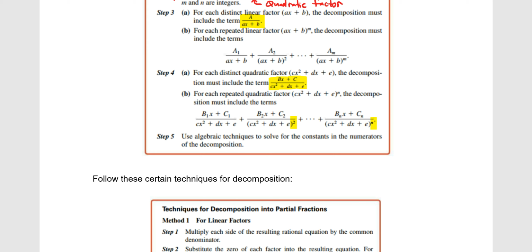And we need those linear expressions in each numerator. Our goal is to solve for these constants a, b, and c. And once we have those, we're going to have our partial fractions.